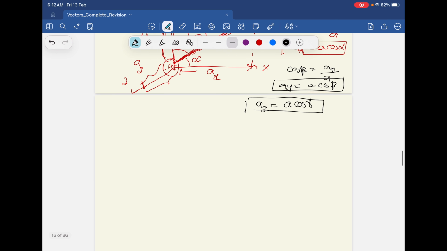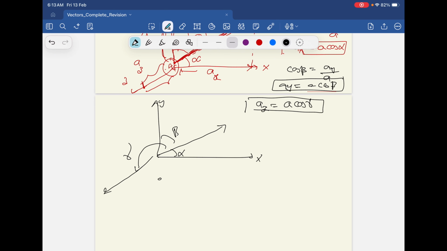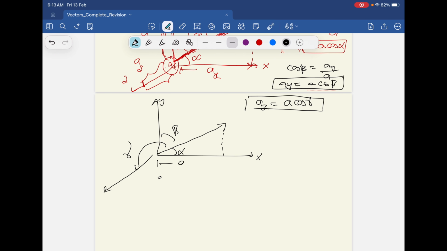So when a vector in space makes angle alpha with the x axis, beta with the y axis, and gamma with the z axis, the respective components, the projected lengths, are ax along x, ay along y, and az along z. Then ax becomes a cos alpha, ay becomes a cos beta, and az becomes a cos gamma.